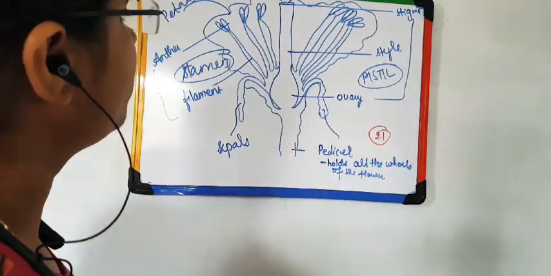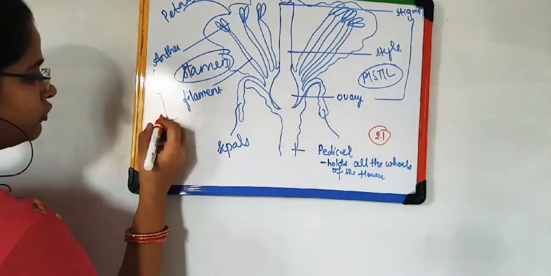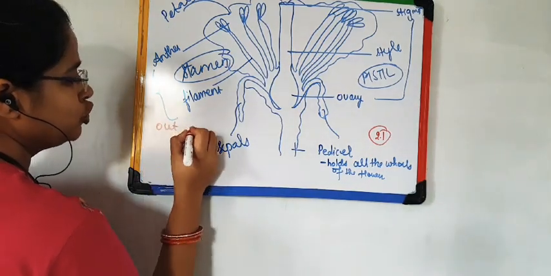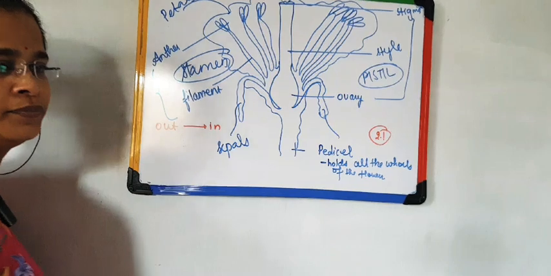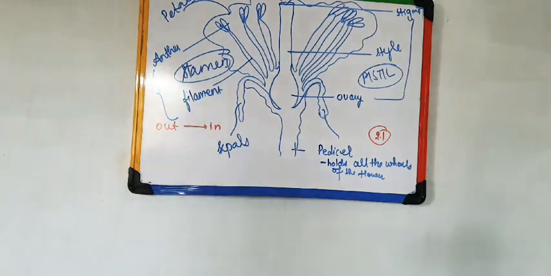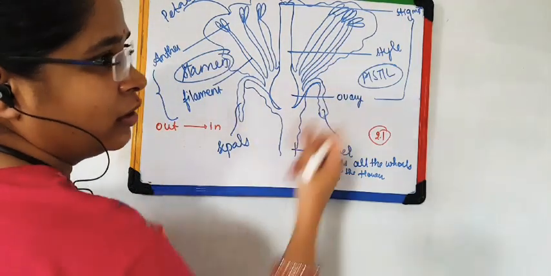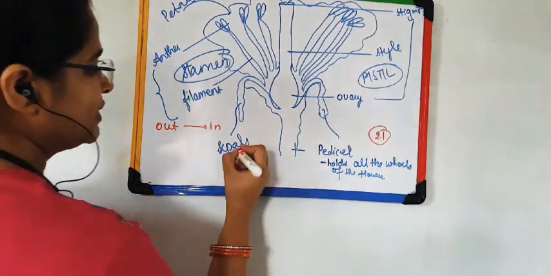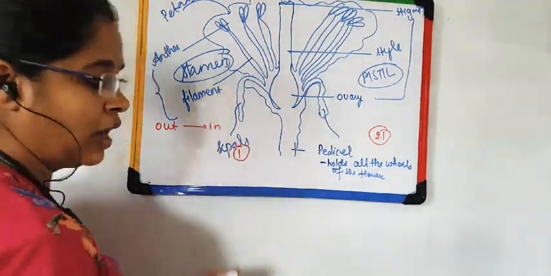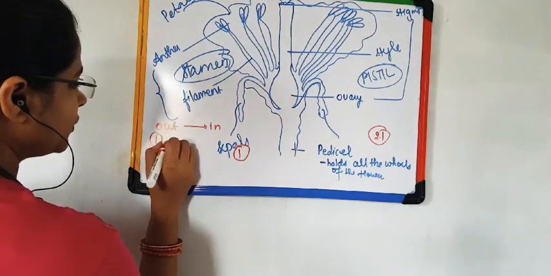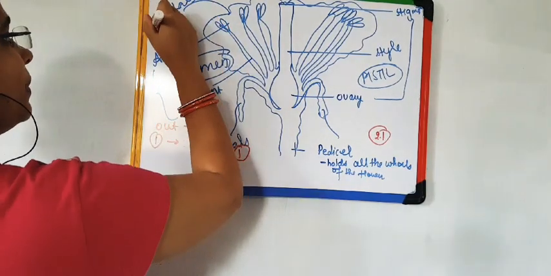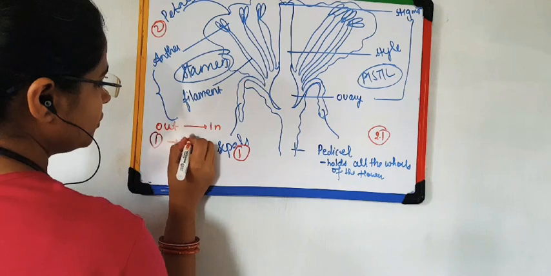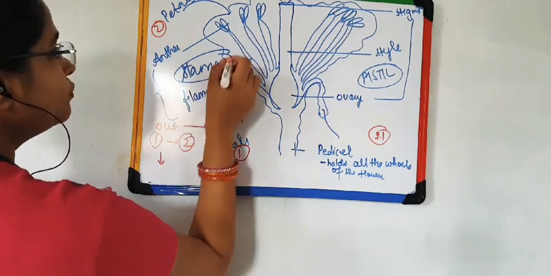Now let us talk about the four whorls of the flower from outside to inside. If I go from out to in, what are the four whorls? Sepals is the first one. Second, petals. Third, androecium.